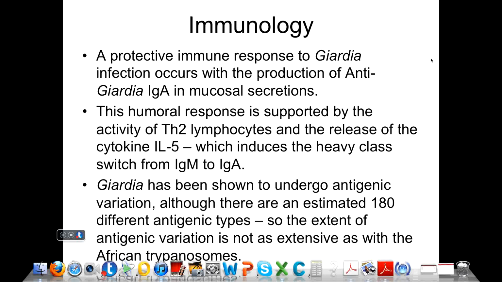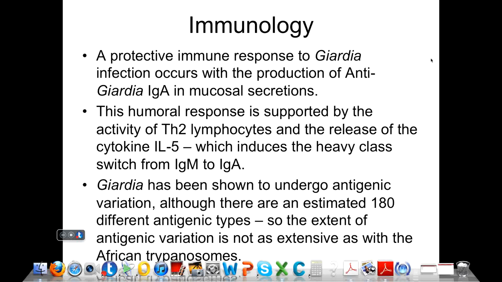And in addition, because this is strictly in the digestive tract, and these organisms are actually consuming mucus, IgA is the most important class of anti-Giardia antibody. We do know that when people are exposed to giardiasis, that anti-Giardia IgA is produced, and in very large measure, it's the production of these antibodies that allow the patient to resolve the infection over a week or two.